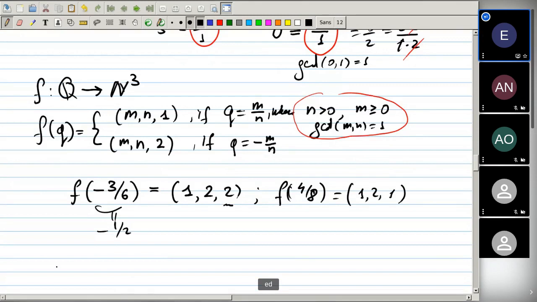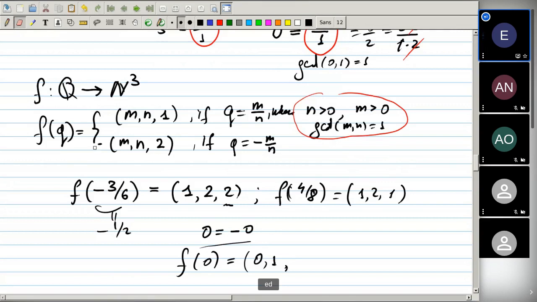Yeah. But the case for 0 is special. Why? Because you know 0 equals minus 0. So what is f of 0? It can be either 0, 1, 1 or 0, 1, 2. So let's treat it specially.